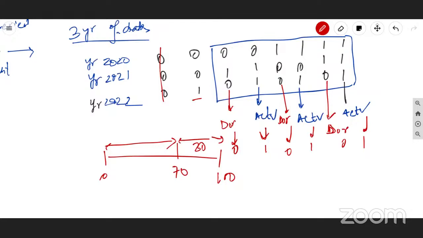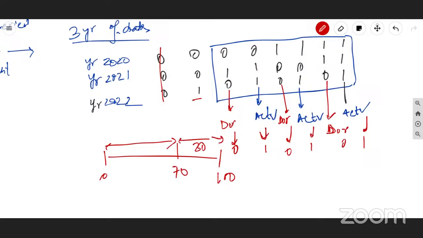Here I am defining it clearly: 0 1 0 is dormant. Maybe he is not dormant. Maybe he comes back in 2022, right? So that's the disadvantage of using this.